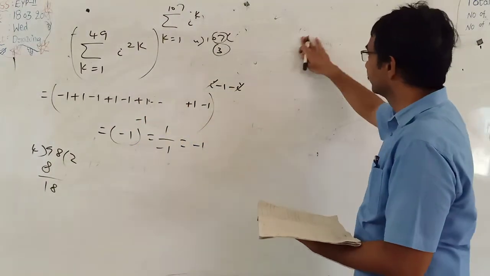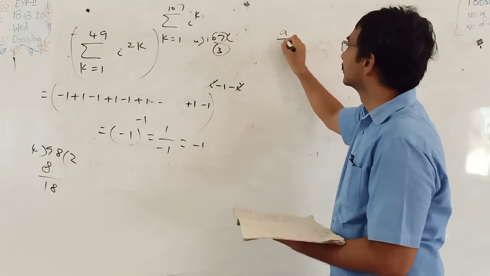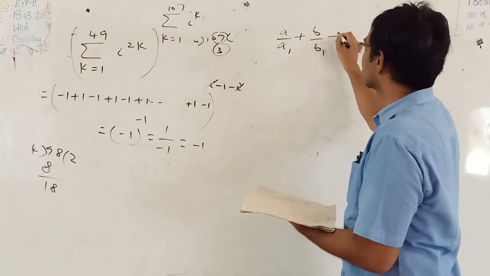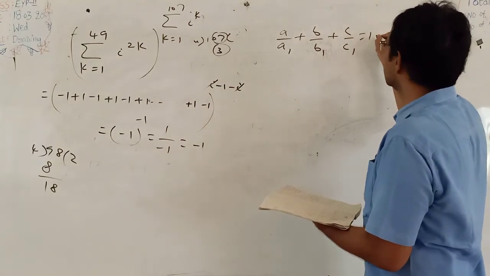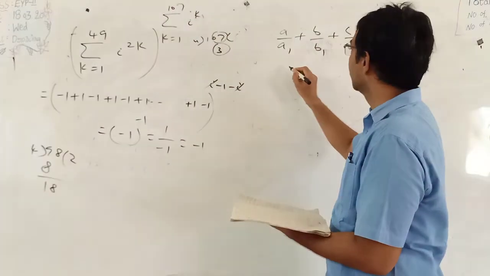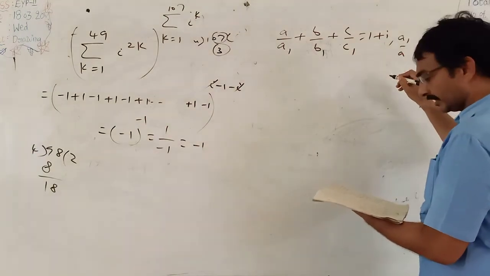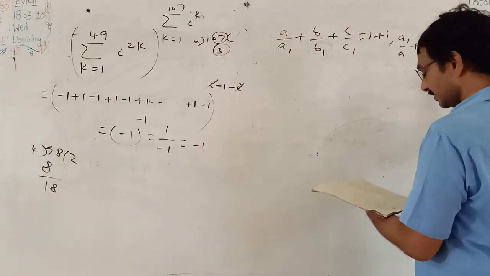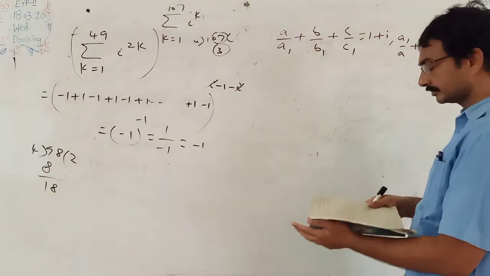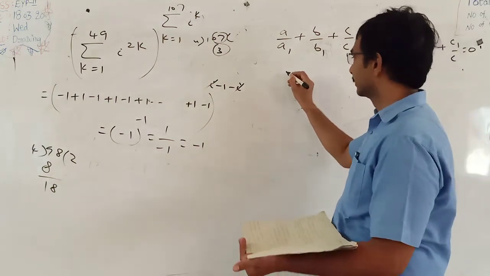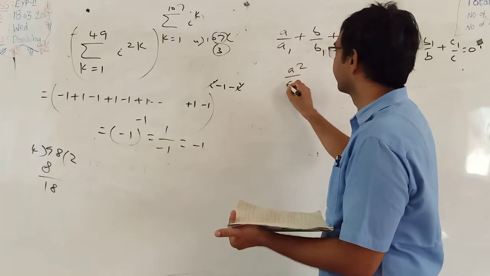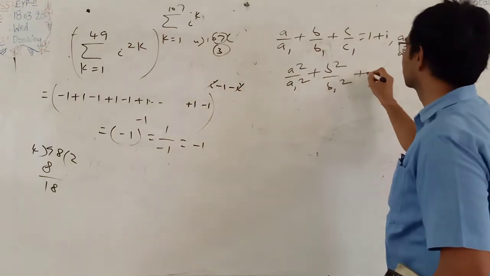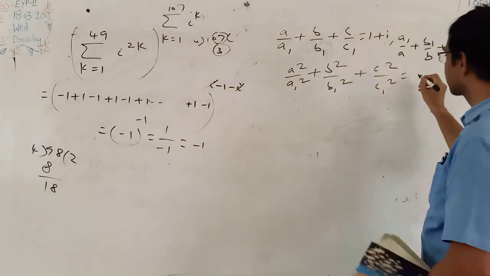This one is very important. See, if a by a1 plus b by b1 plus c by c1 equals 1 plus i, and a1 by a plus b1 by b plus c1 by c equals 0, then the value of a squared by a1 squared plus b squared by b1 squared plus c squared by c1 squared equals?